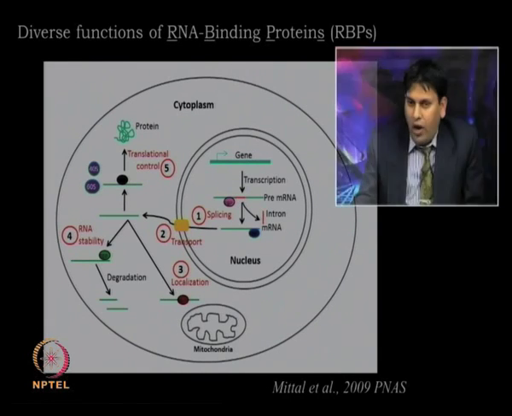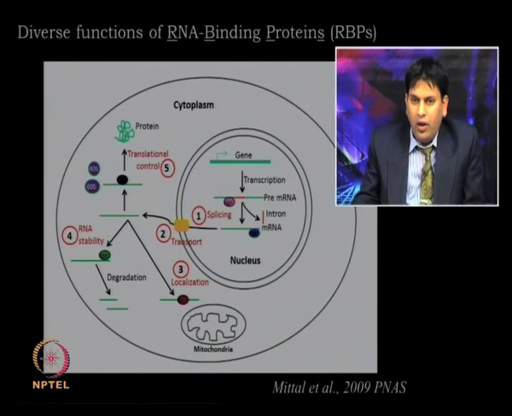Now, the produced RNA, not necessarily only mRNA, needs to be exported from the nucleus into the cytoplasm, and this is carried out by a class of RNA binding proteins which can be termed transport RNA binding proteins, shown with number 2 in the figure. RNA binding proteins have also been implicated in the specific subcellular localization of these transcripts.